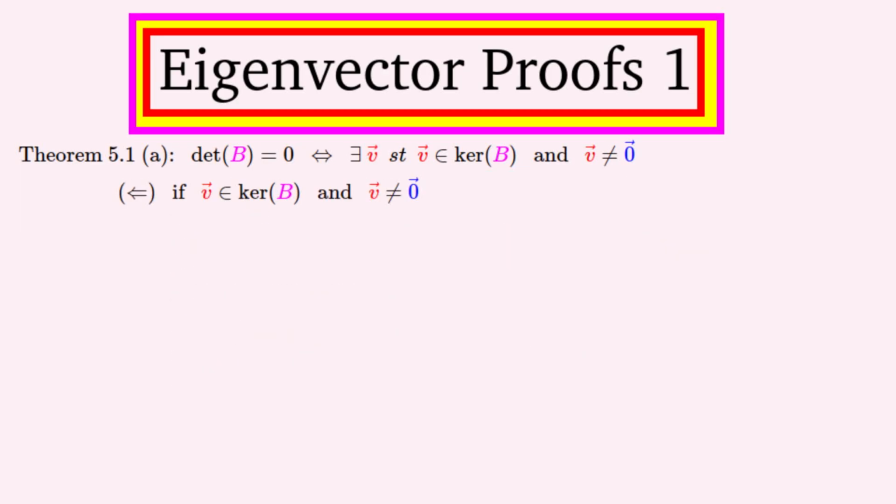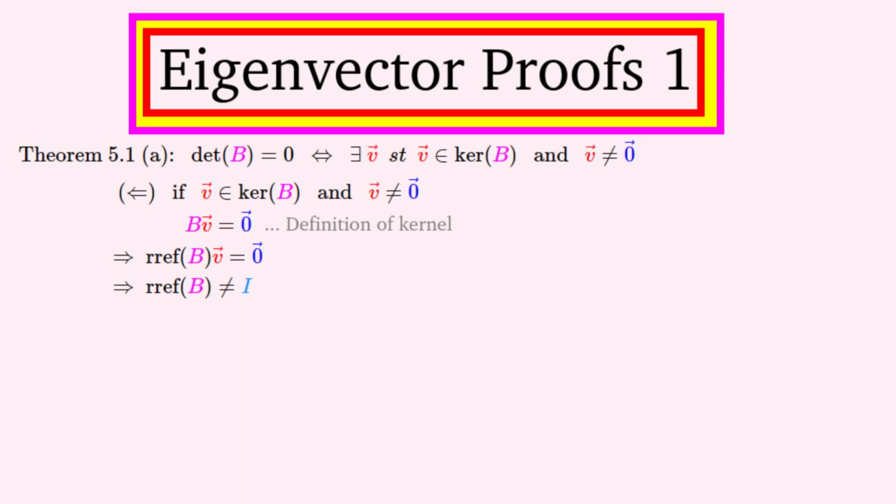Now to prove this statement in the reverse direction, we'll assume that v is in the kernel and is non-zero. So this statement is true because this is what it means to be in the kernel of a matrix, that multiplying the matrix by it gives us 0. So this equation is true because applying the row operation matrices to both sides gives us this.